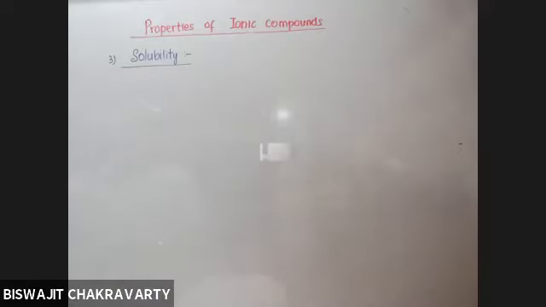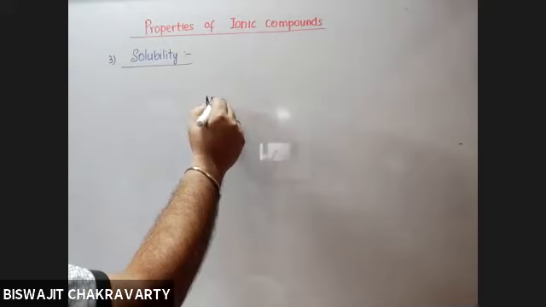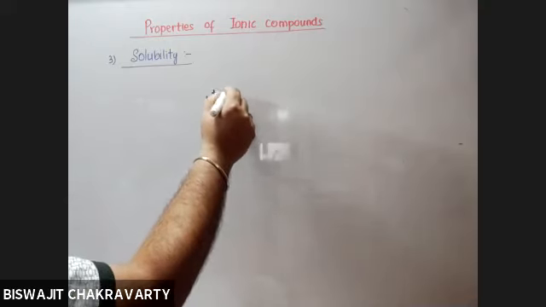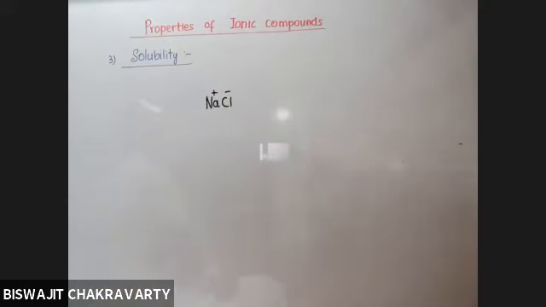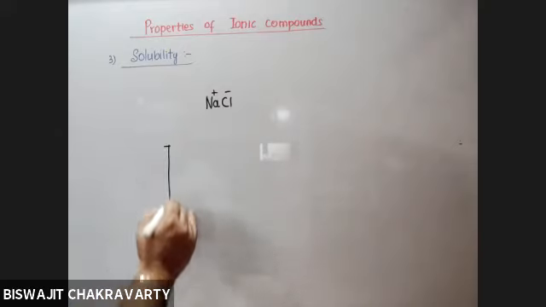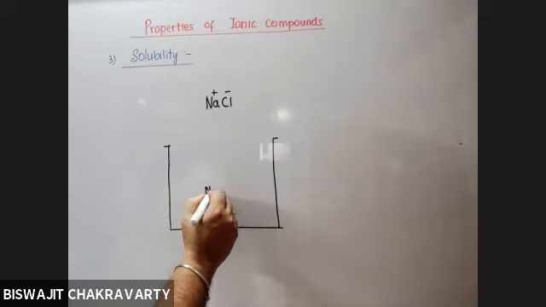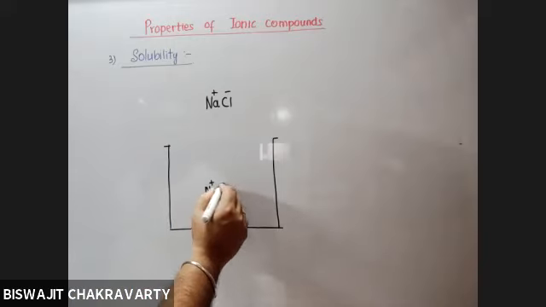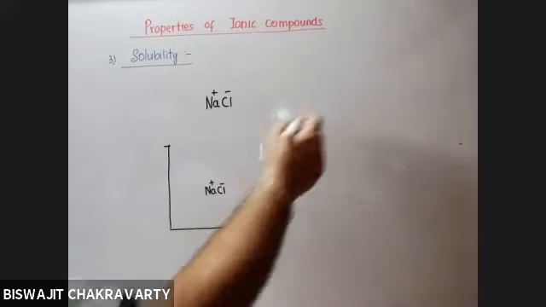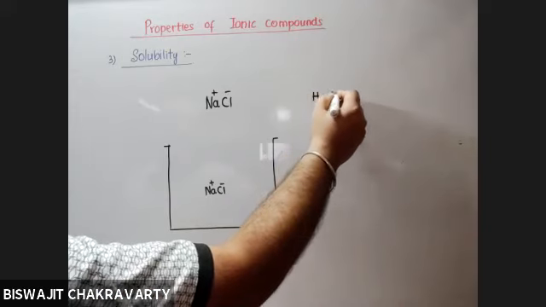So suppose we have an ionic compound like sodium chloride, and the Na plus and Cl minus are strongly bonded through strong electrostatic forces of attraction. Nobody can deter it, and even if you want to break them apart, you need to supply a huge amount of energy. Now, when I dissolve sodium chloride in water, let us see what the water molecule is.